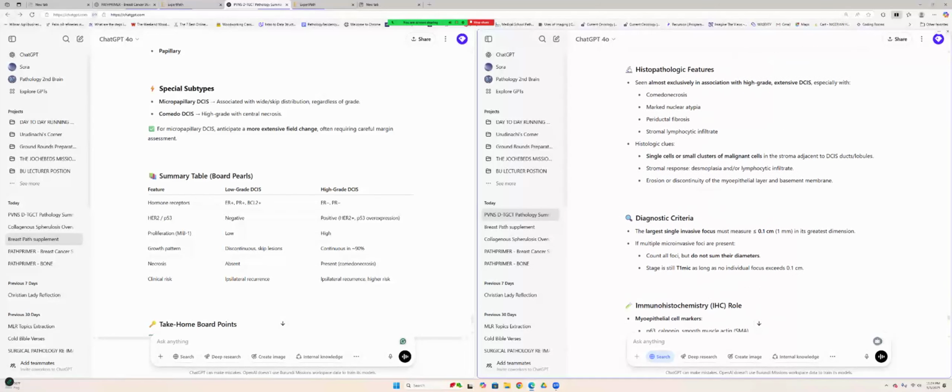So why do we need to differentiate between high grade DCIS and low grade DCIS? Management. What is the treatment? Excision.